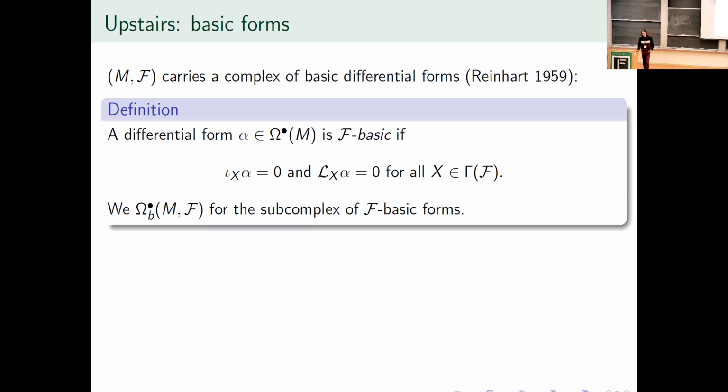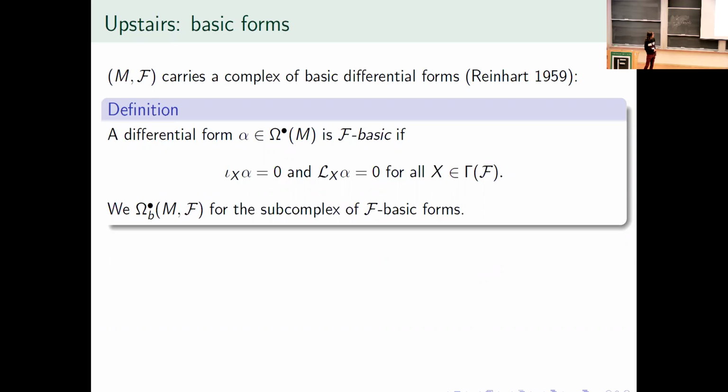On the other hand, if we don't want to pass to the leaf space, we can stay with the foliation upstairs, and we can consider what's called the complex of basic forms, the second part of the title. This was first introduced by Reinhart in '59. He was working with regular foliations at the time, but we can make the same definition for singular ones. So we'll call a differential form on the manifold basic if it is horizontal, this interior derivative vanishing is called horizontal, and invariant, this Lie derivative vanishing is called invariant.